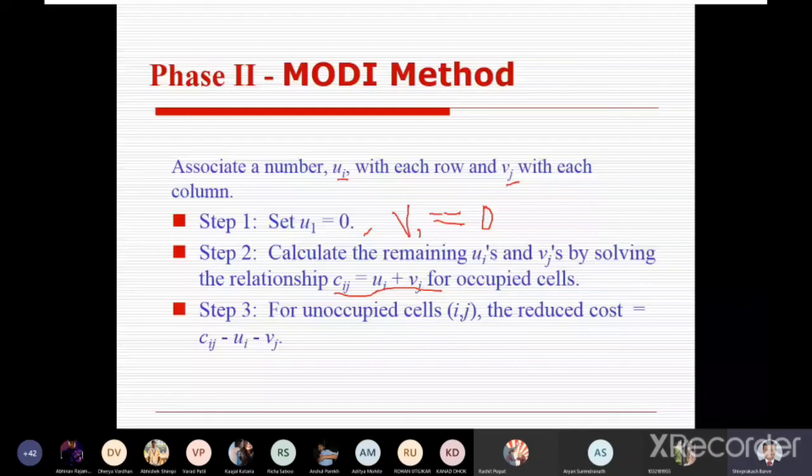Accordingly, we go to that cell and calculate the value of Cij. In the third step, using the unoccupied or unallocated cells, we find the reduced cost or net cost, like in the stepping stone method. Here I will explain these steps in the numerical.